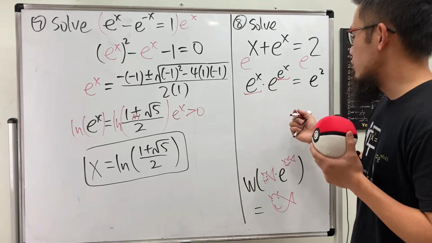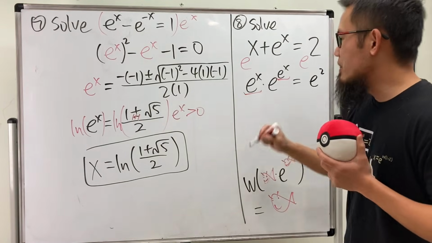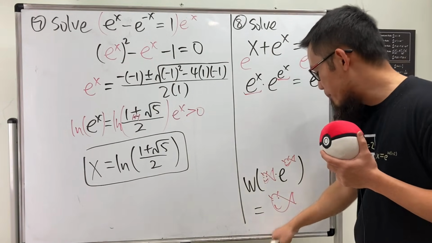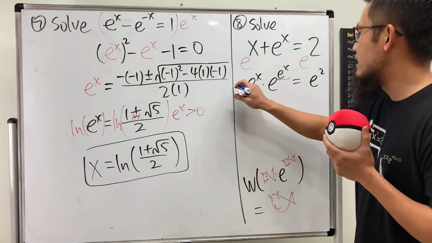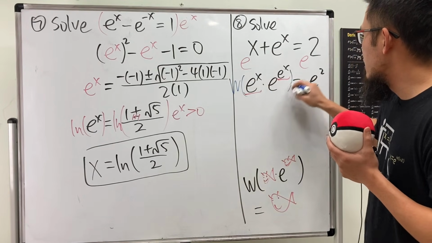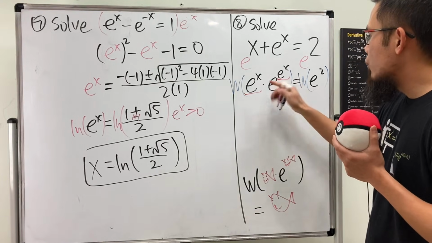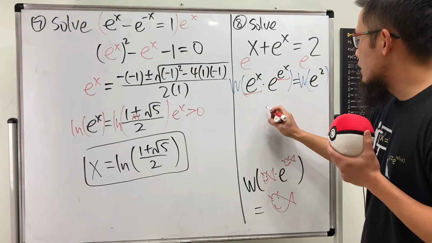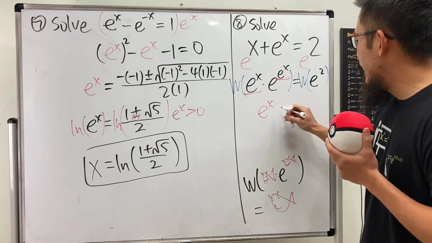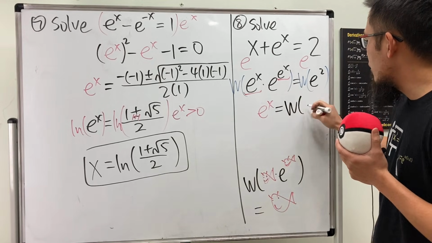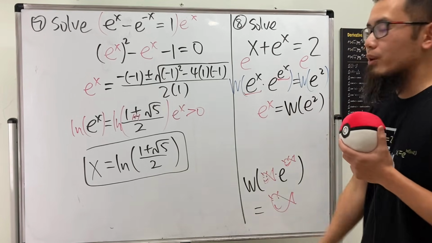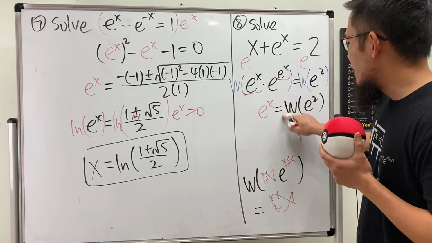So when we have this situation, we are in business because we can just take the Lambert W function on both sides. So put the W here, put the W here. On the left hand side, we'll just get this back right here. So I'll write it down: e to the x is equal to W of e to the second power. Well, we have this now.